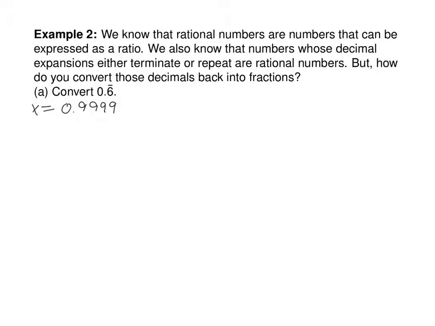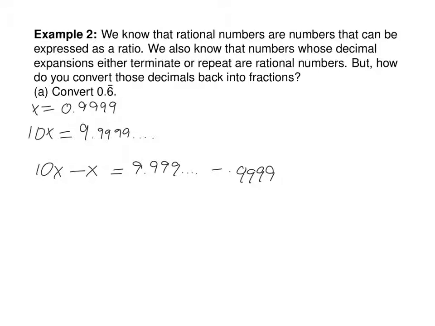I'm going to take x and multiply it by 10. So I got 10x. What happens when I multiply the 0.99999 by 10? You move the decimal over 1. You get 9.9999, and so on. And now if you do 10x minus x, that's equal to 9.999 and so on, minus 0.9999.